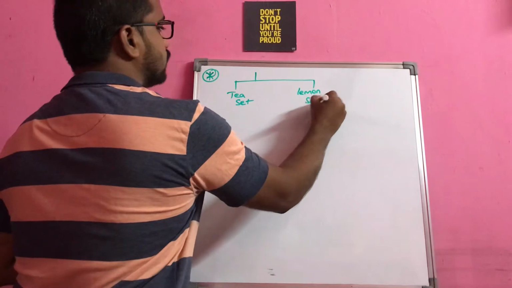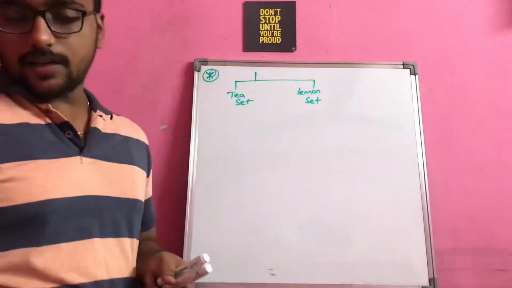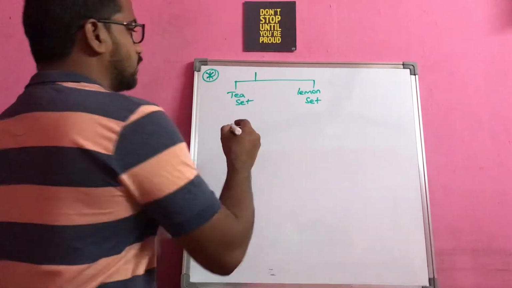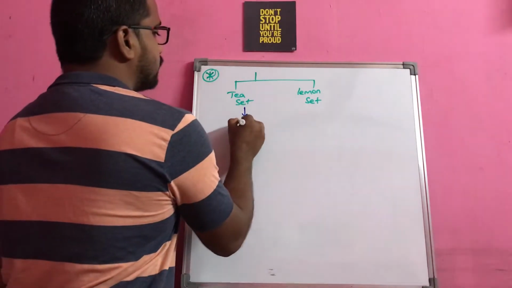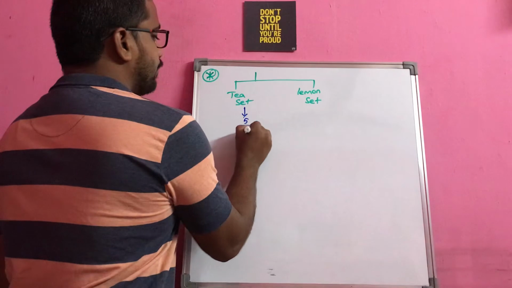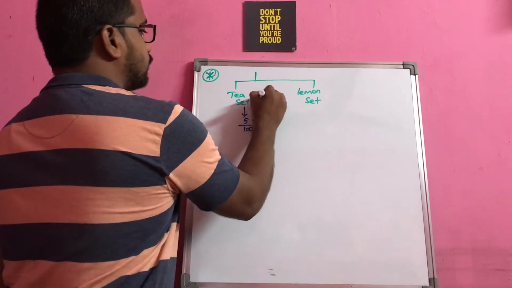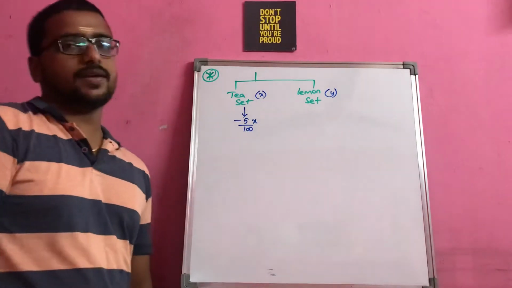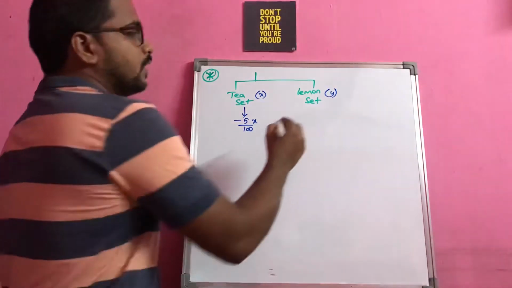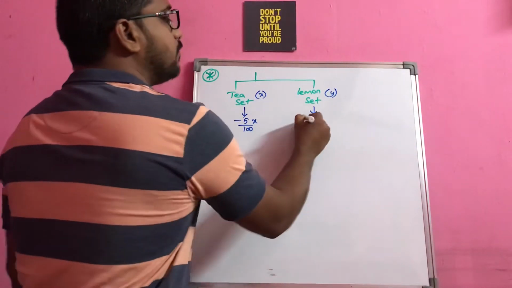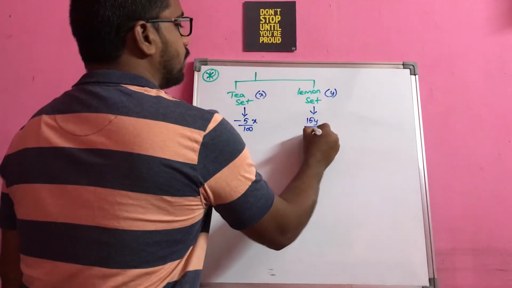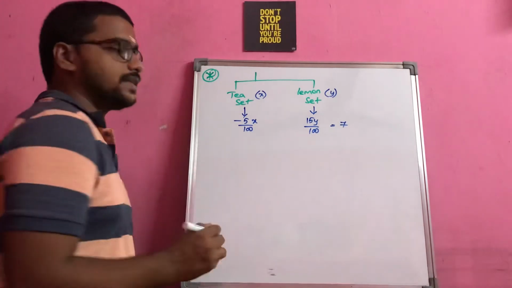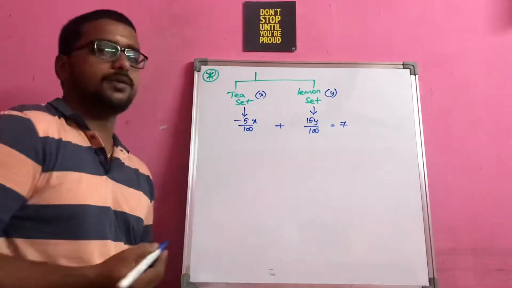Now, on selling a tea set at 5% loss, that means if this is x rupees and this is y rupees, he sold this at minus 5x by 100 because of loss, and this at a 15% gain, that means 15y by 100. Together he is gaining 7 rupees. This is the basic information. Obviously plus will be there in between, right?